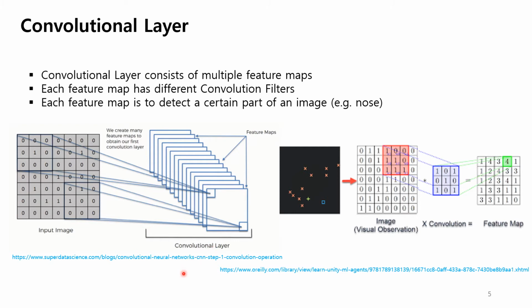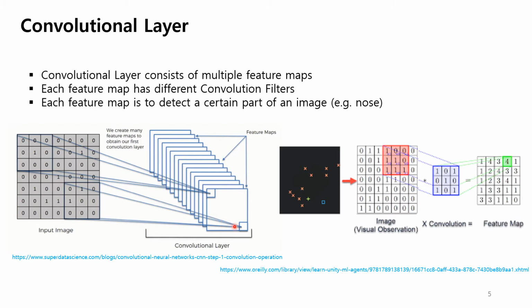That's why each node in a feature map shares the same weight. For example, let's say the goal of this feature map is to find horizontal lines. Then this node in this feature map is trying to find a horizontal line in this area of the image.